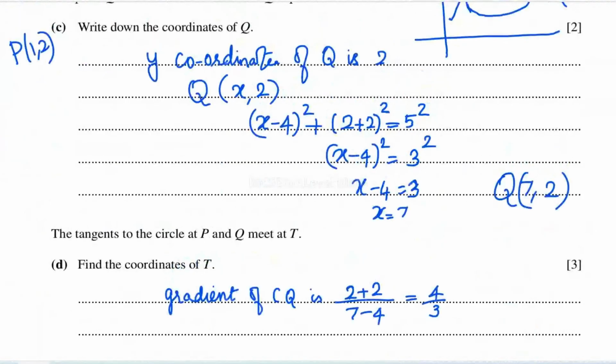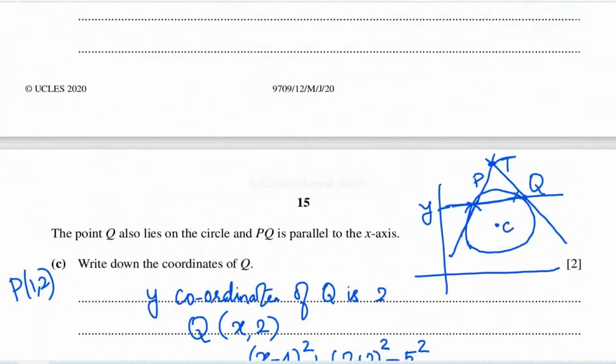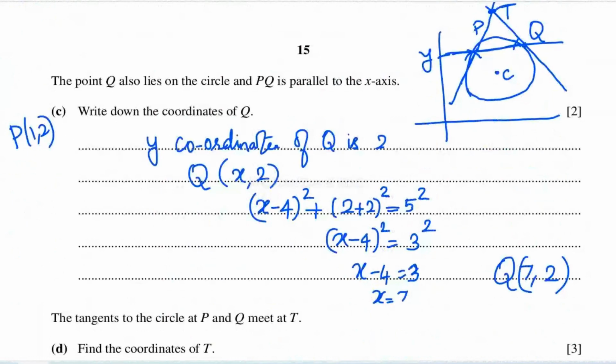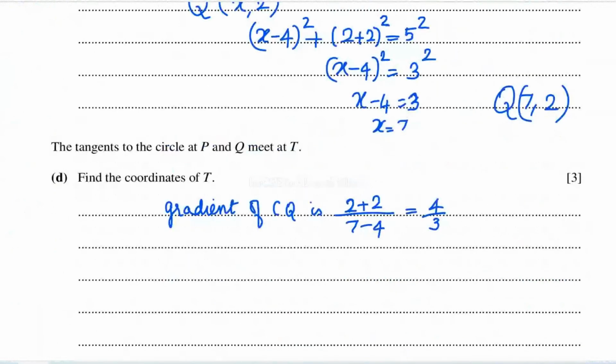Then the gradient of the line QT, gradient of the tangent at Q is negative 3 over 4.